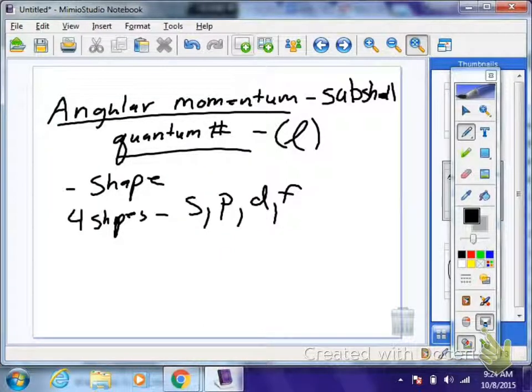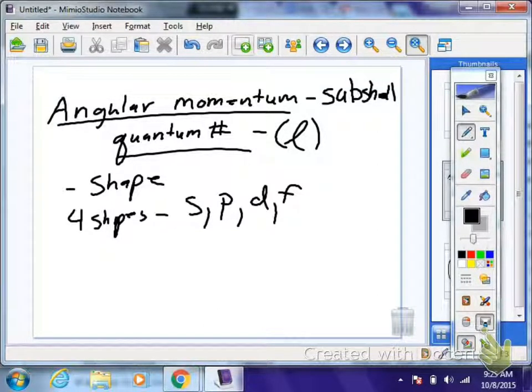And we can say the S subshell, P subshell, D subshell, or F subshell, because that's what those letters represent. Okay. So it's kind of like rooms in your house. You have 1 room, 2 rooms, or 3 rooms. Those rooms have different shapes, but you can have multiple rooms there.